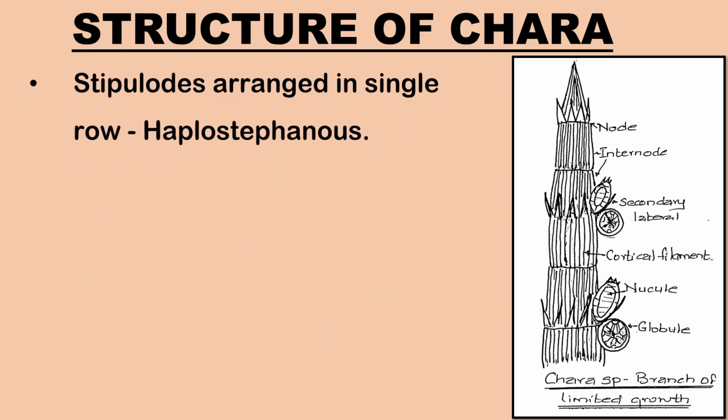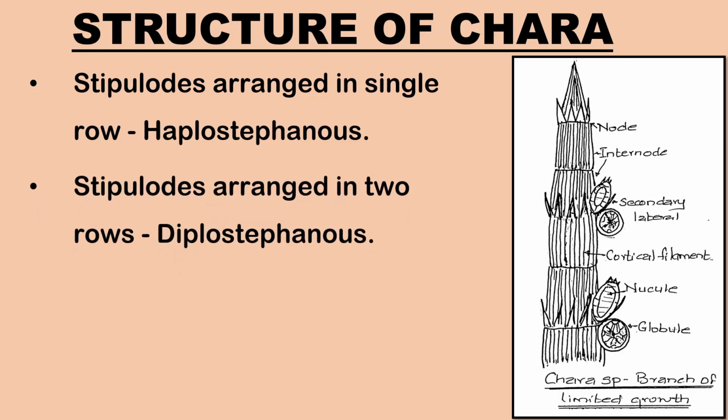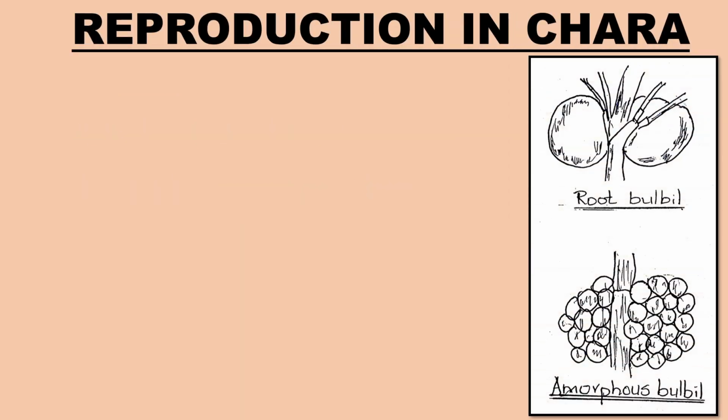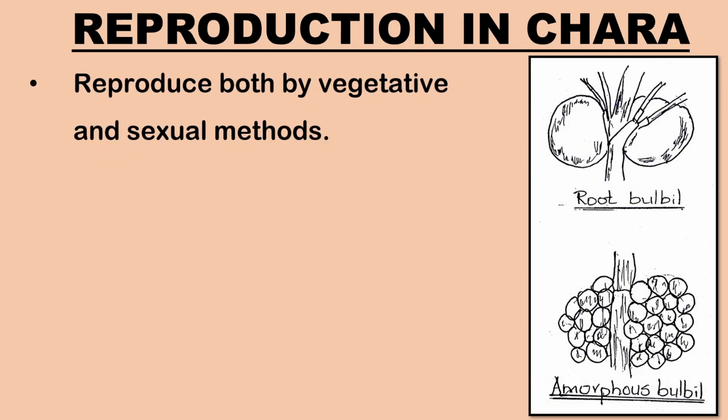When stipulodes are arranged in a single row, they are termed as haplostephanous. When arranged in two rows, the stipulodes are known as diplostephanous. Next, we shall study about reproduction in Chara.